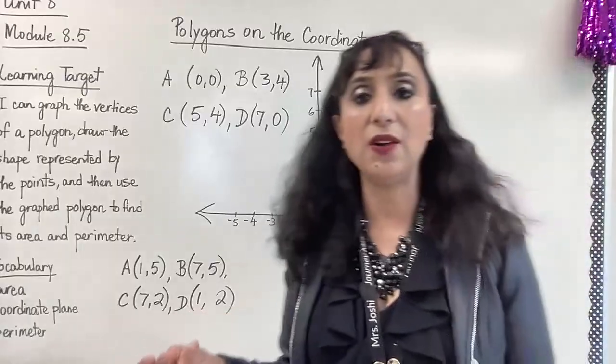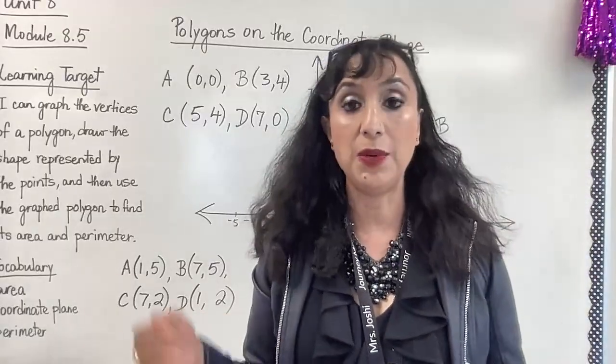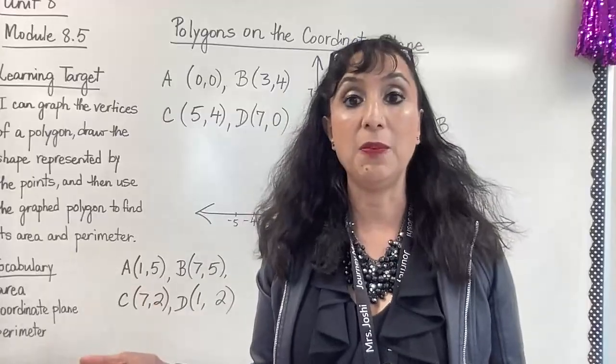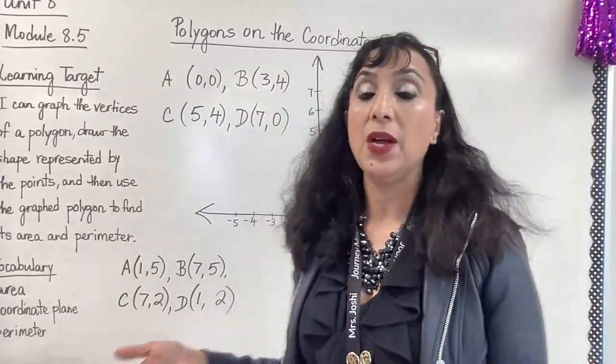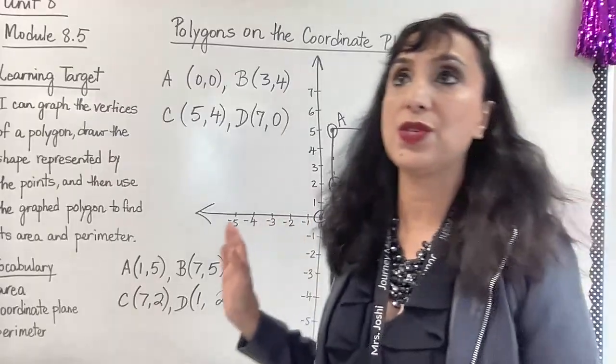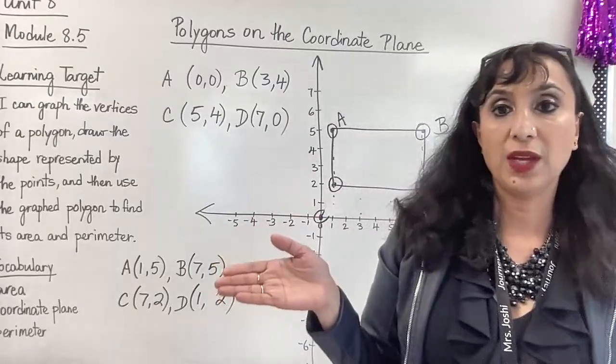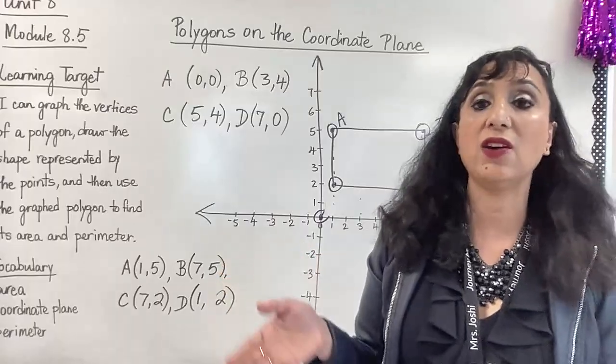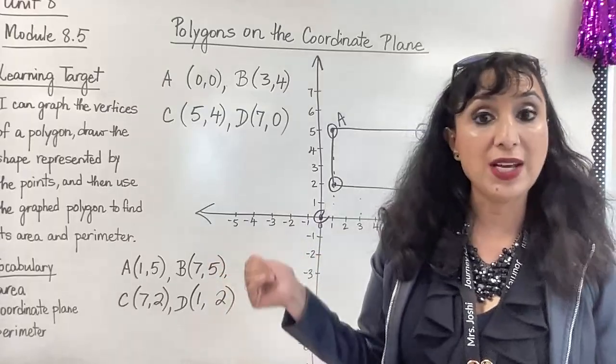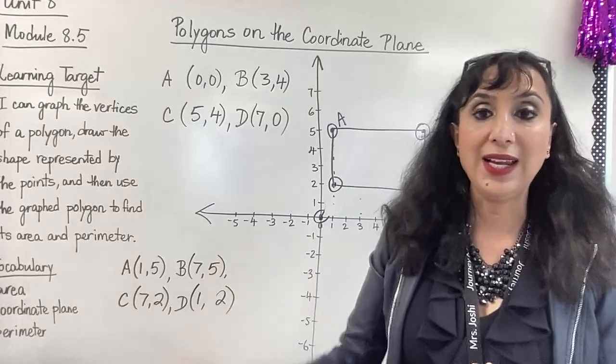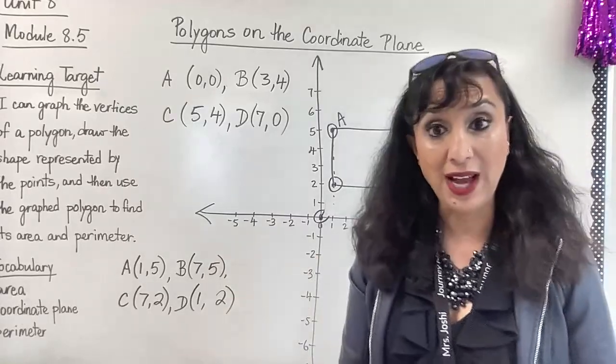So here's the thing. We have learned how to calculate distance between ordered pairs in a previous lesson. We can either use the squares that are provided on graph paper for this, or we can calculate based on the absolute values.